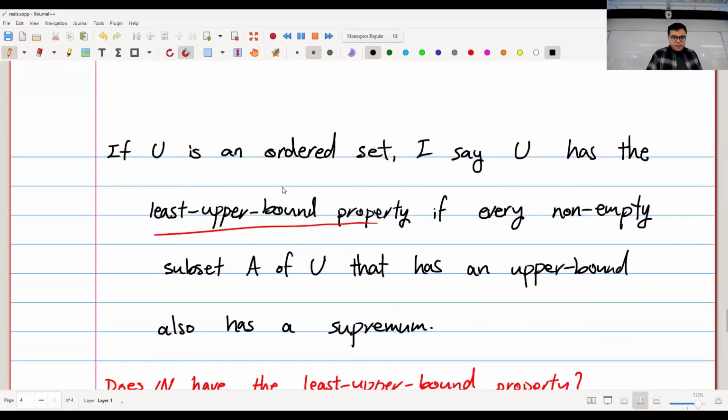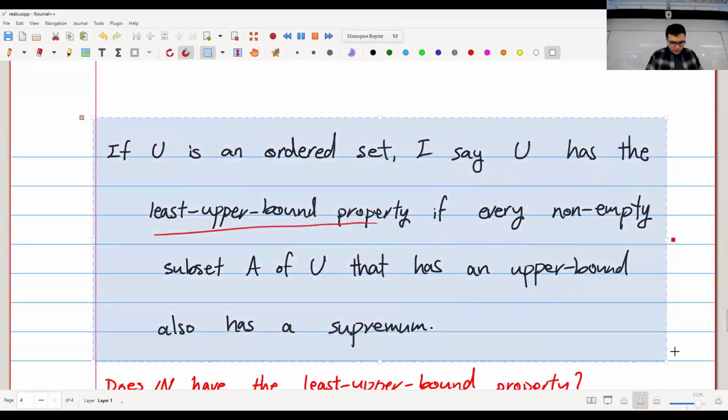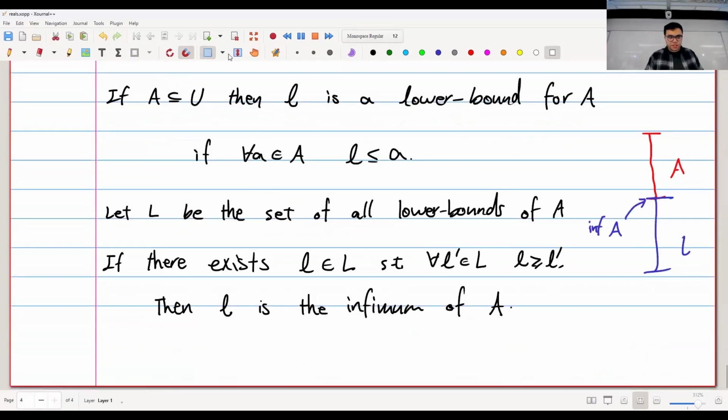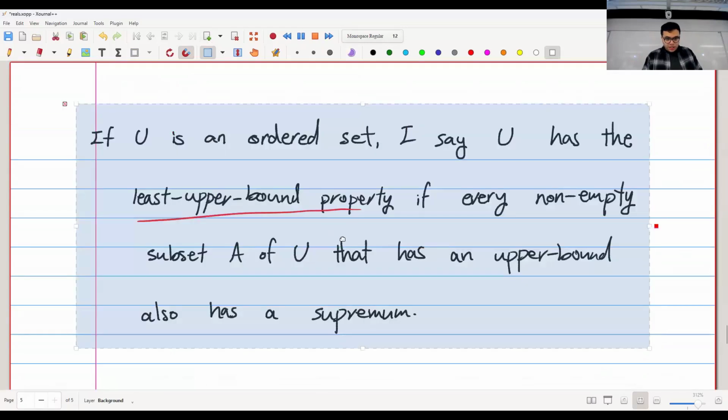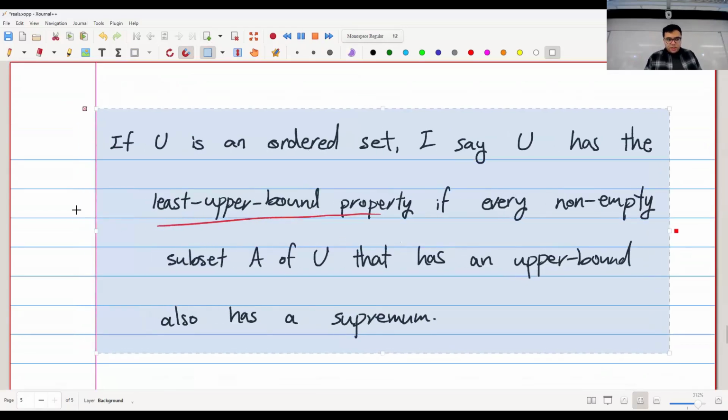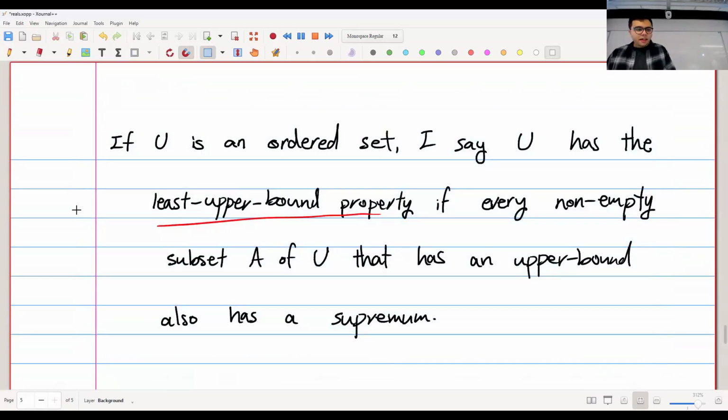Now, based on this, I can give a variant of this definition in the other direction as well. So see, I was saying that if I have an ordered set, I say that it has the least upper bound property.